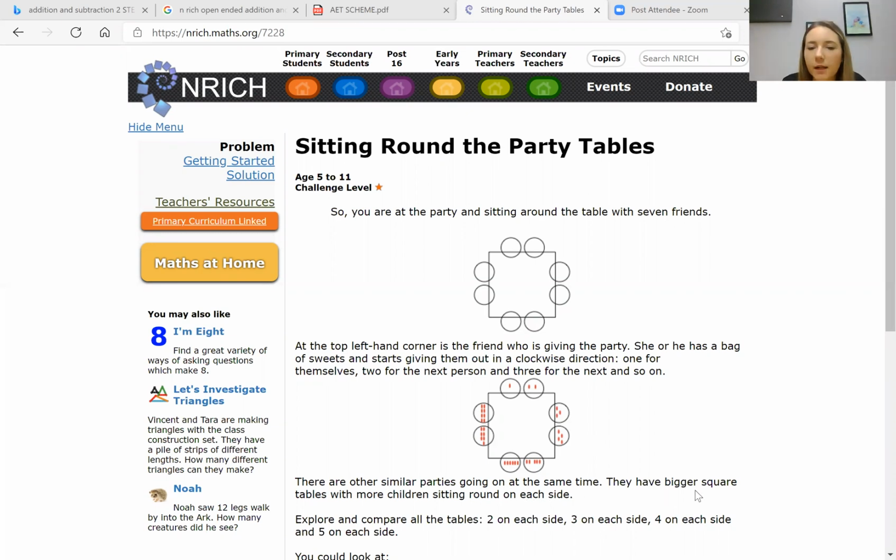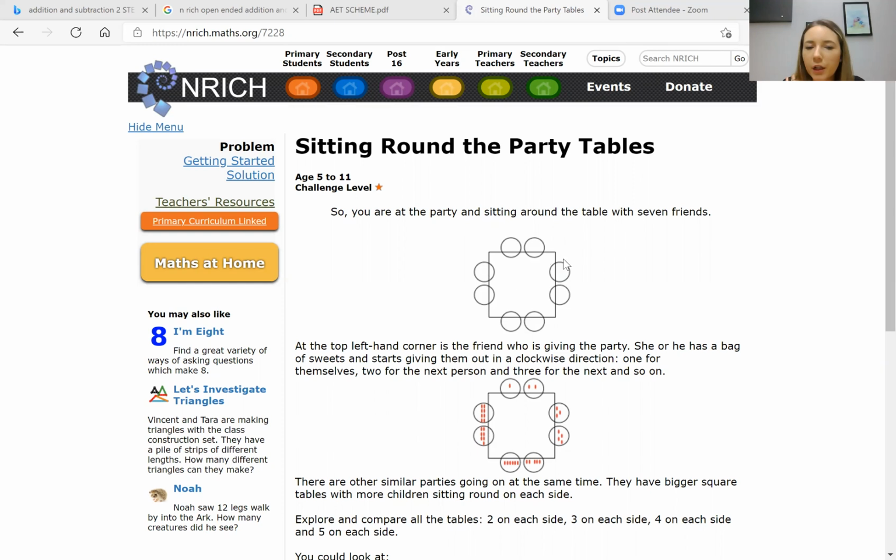At the top left-hand corner is the friend who's giving the party. She or he has a bag of sweets and starts giving them out in a clockwise direction. So she starts here, gives 1 sweet to that person, 2 for the next person, 3 for the next person, 4 for the next person, and so on.